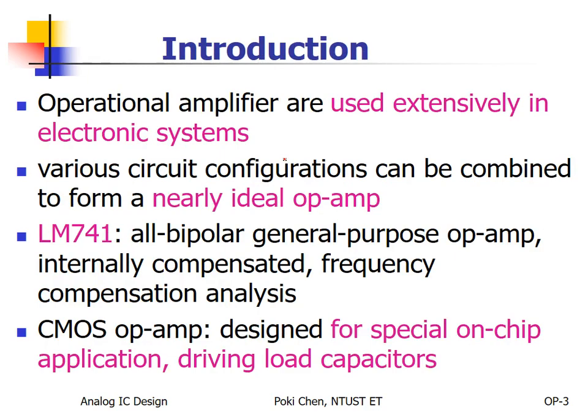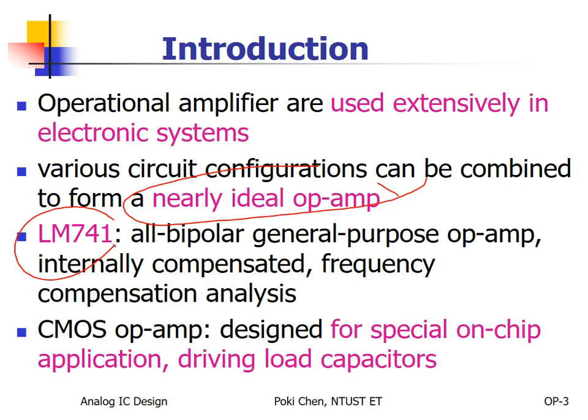Actually, op-amps are used extensively, especially in analog IC design. Most analog circuits are far from ideal, but the op-amp is exceptional. It is very close to the ideal case, to be honest. From the very beginning, we have had a very popular op-amp, the LM741.